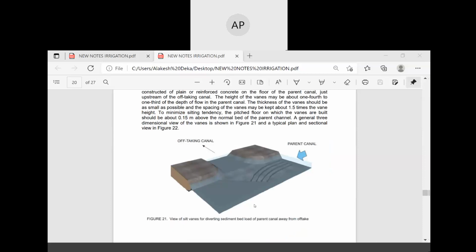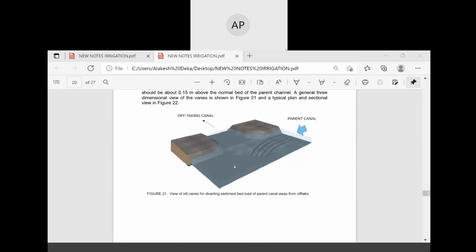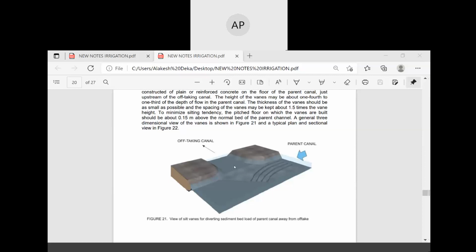Sill vents are provided to divert the sediment bed load of the parent canal away from the off-take, that is, the silt load carried by the water in the canal.